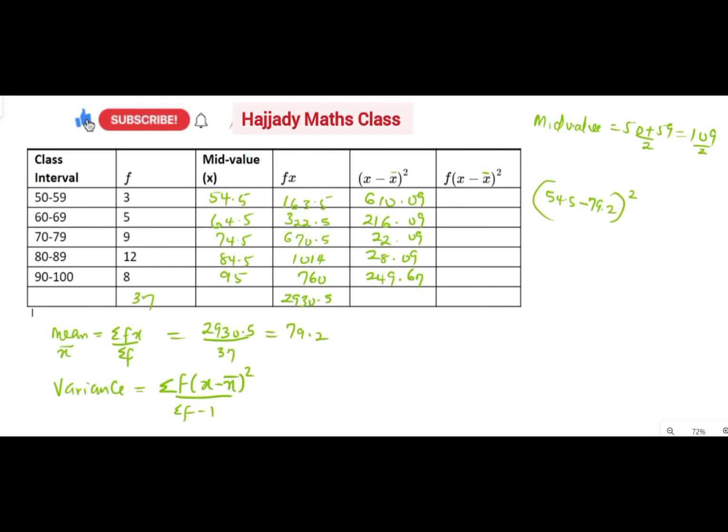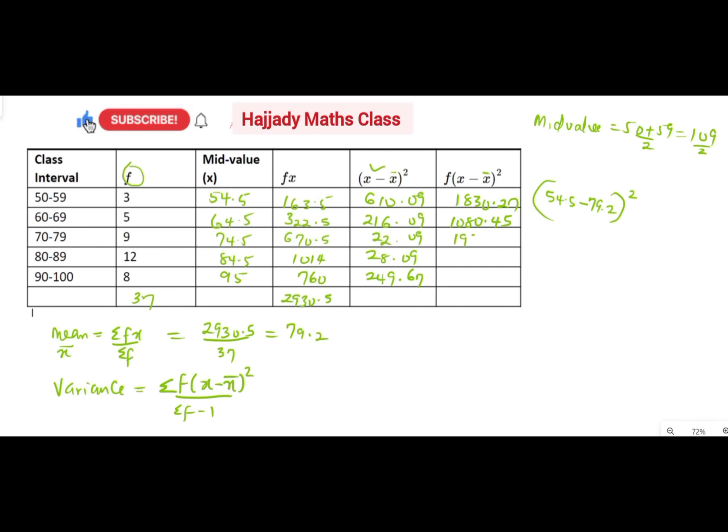So here there's a need for me to get f multiplied by x minus x bar all squared. So here the first value, using my frequency, multiplying it with this, so I'm going to have 1830.27. Here I'm going to have 1080.45.